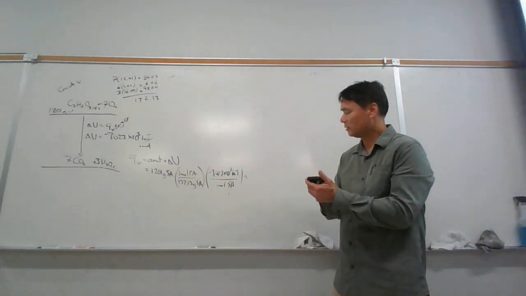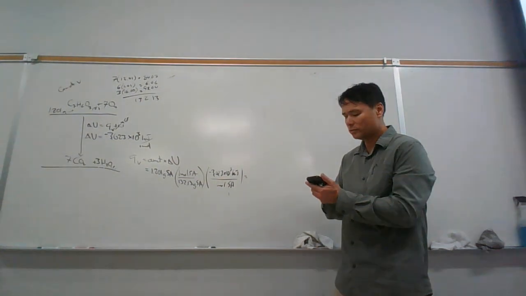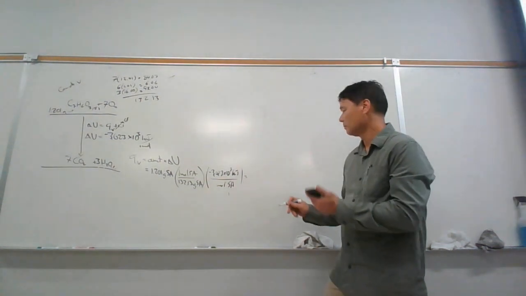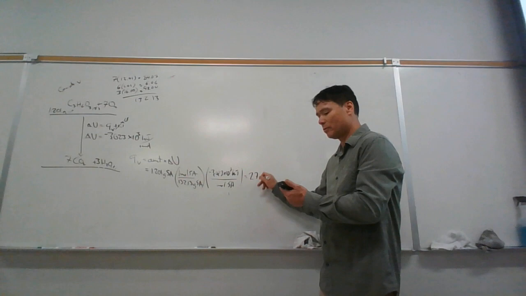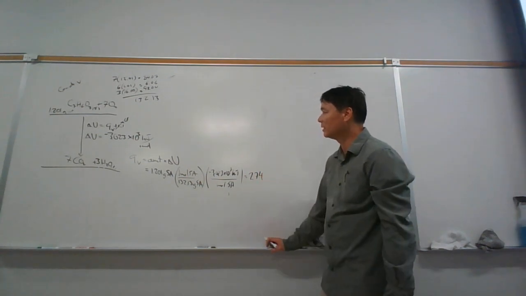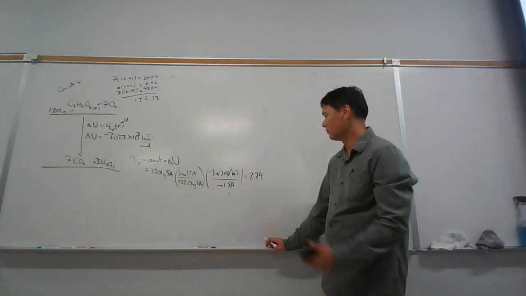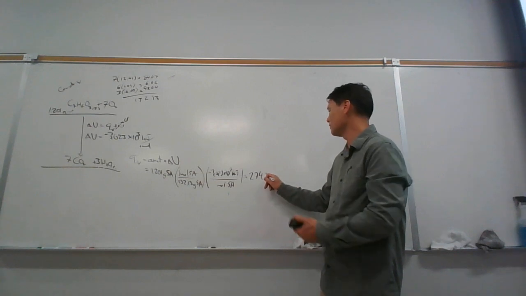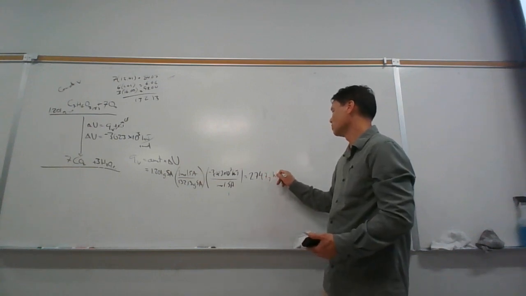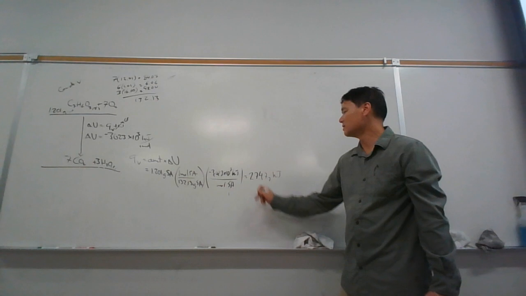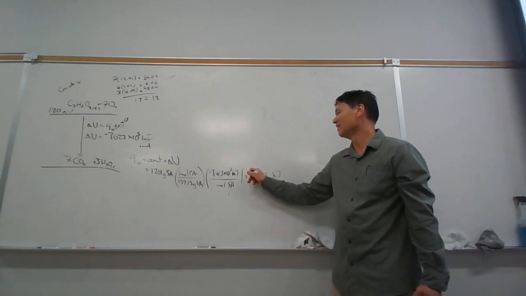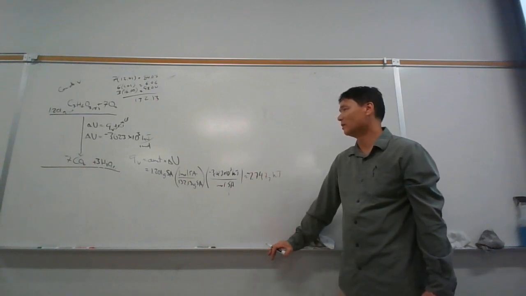So times 3,023. I get 27.4, how many sig figs am I allowed? 4 sig figs, 27.477 kilojoules. Okay, this is negative, which means we're going to lose that.